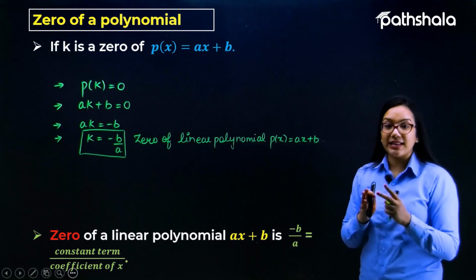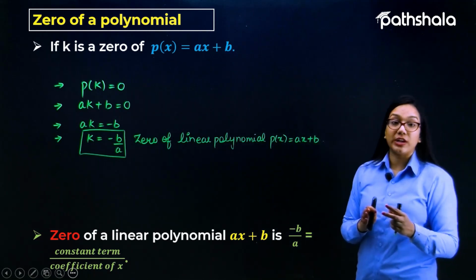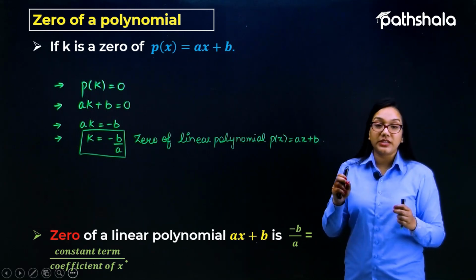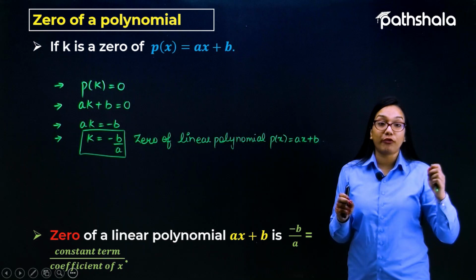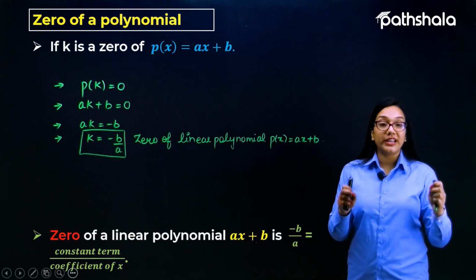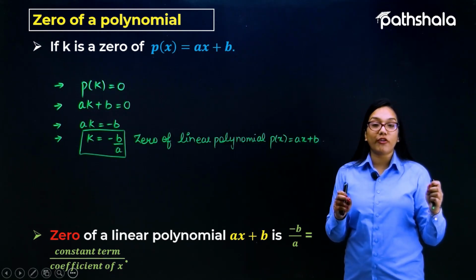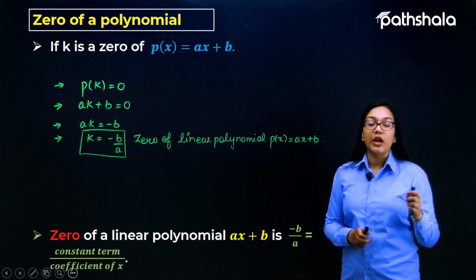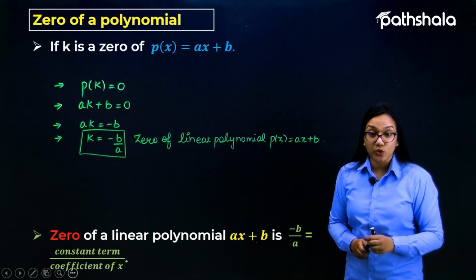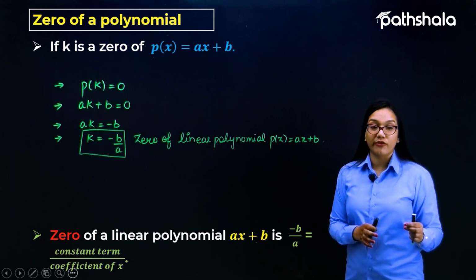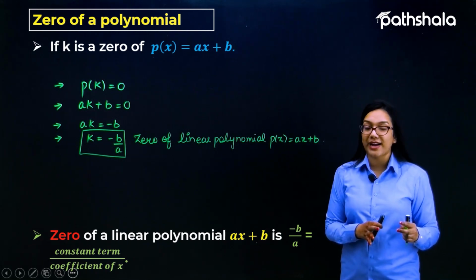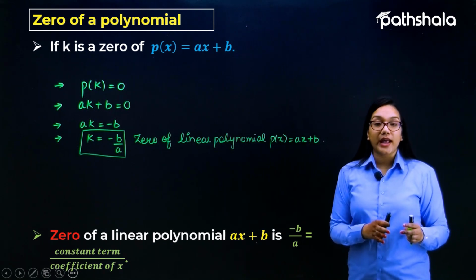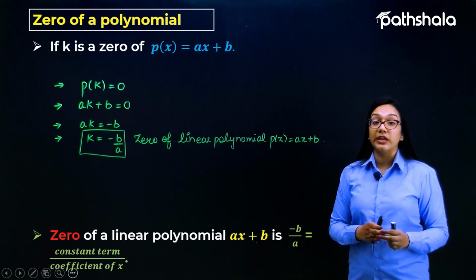So at the end we have concluded a relationship between the zeros and the coefficients of the linear polynomial: the zero of a linear polynomial can be denoted as minus b by a, which is equal to minus the constant term divided by the coefficient of x. So this is a relationship between the zeros and the coefficients of a linear polynomial.